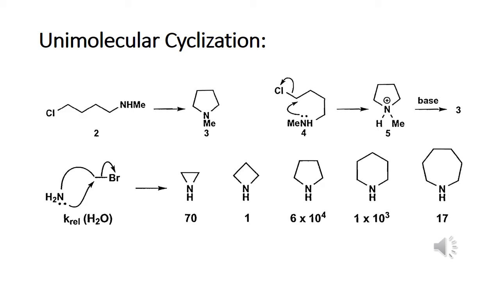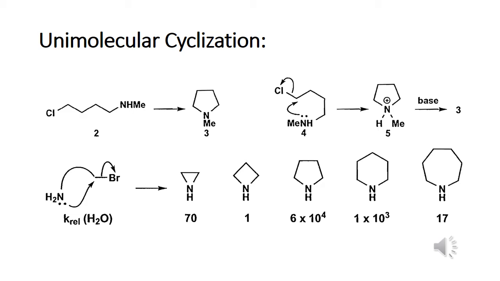But when you go through these reactions, you come to know that not all cyclizations are favorable. A general cyclic amine synthesis showed that there is a large difference in the rates of formation of rings of different sizes.